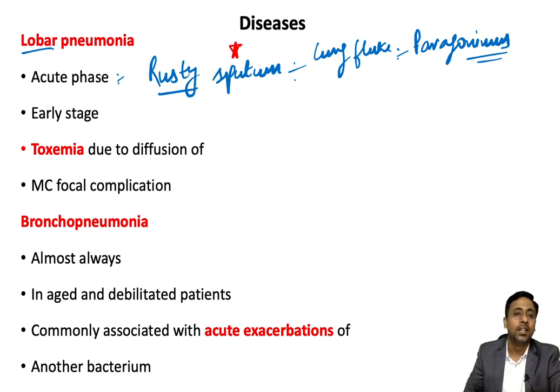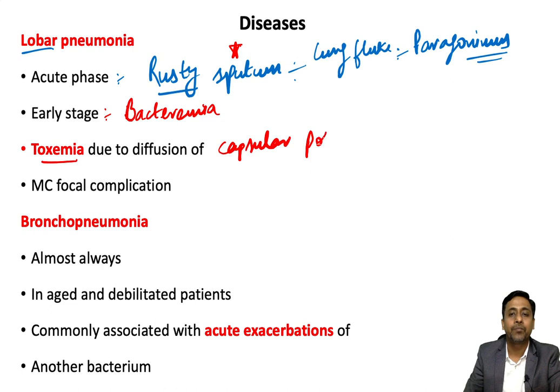Okay, in an early stage we may see bacteremia, and later on toxemia may occur due to diffusion of what? Capsular polysaccharide.